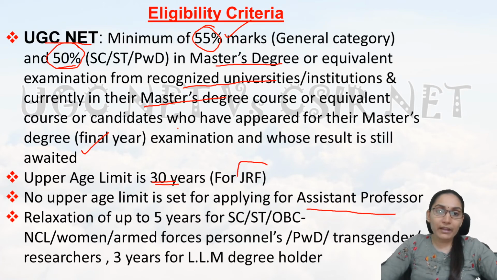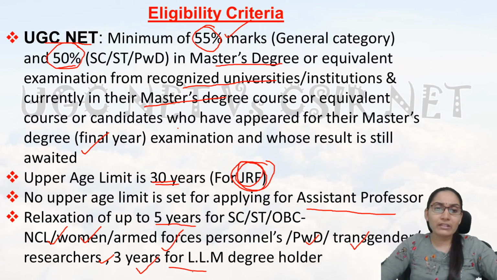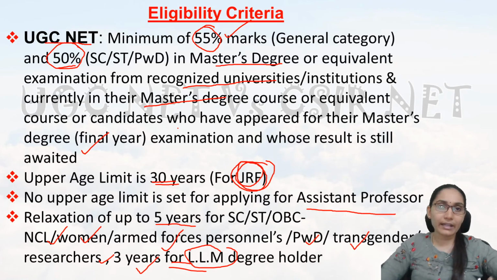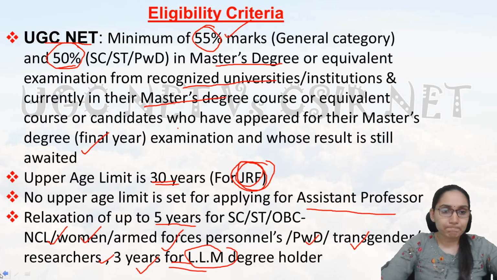Relaxation of up to 5 years is given to SC, ST and OBC, NCL, women, armed forces personnel, PWD, transgender, researchers, or 3 years relaxation for those who hold the LLM degree. So this is regarding the eligibility criteria.